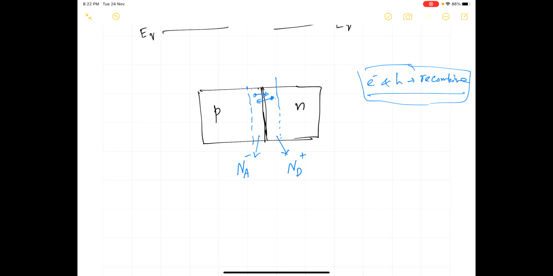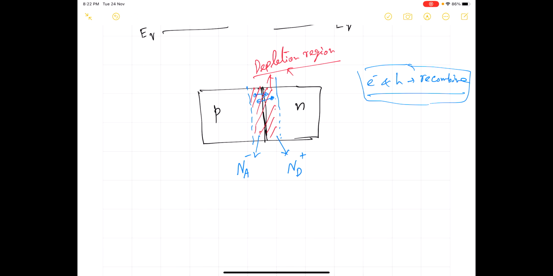So this region is called the depletion region. Depletion region means it depletes something.